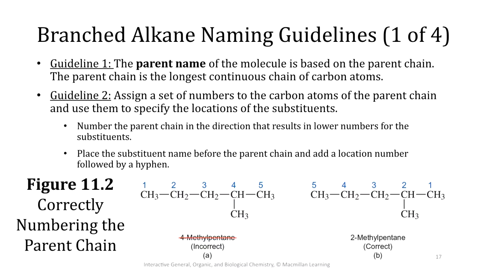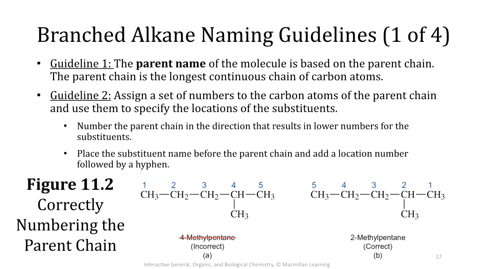Then what we do is we look at where our branch is. And we start numbering our carbon chain such that the branch will be at the lowest number. So the example is shown here. Here we've got two nice representations. You can see that the longest carbon chain here is 5 carbons, which makes it a pentane.